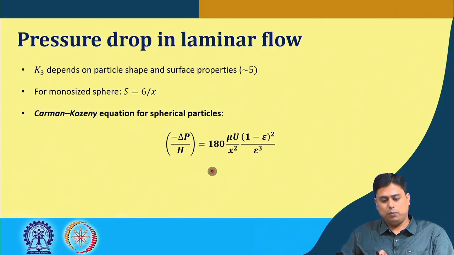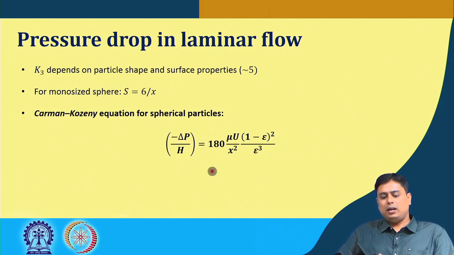These conditions have to be met, then you can use this expression to find out the pressure gradient across a monosized spherical bed of diameter x when a fluid of viscosity mu is flowing at a superficial velocity of u and when the bed voidage is epsilon, that is known to you.